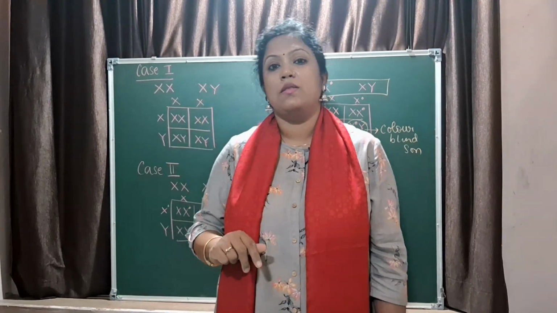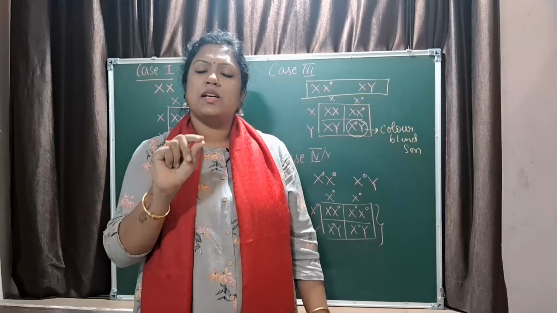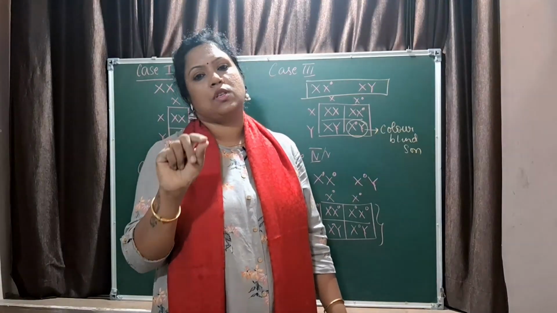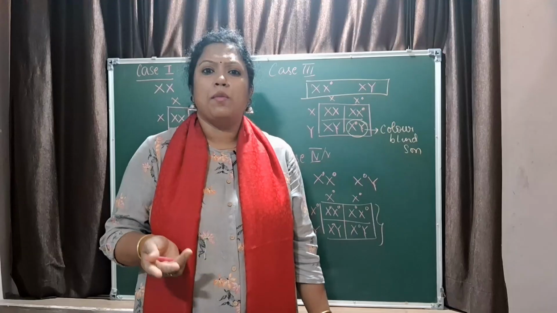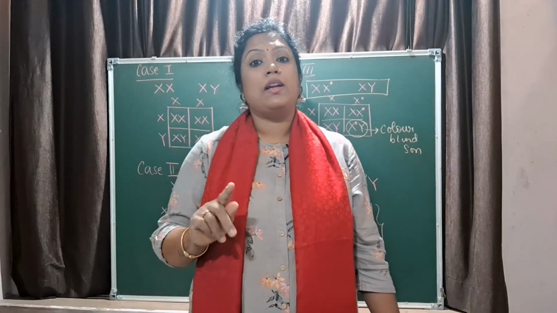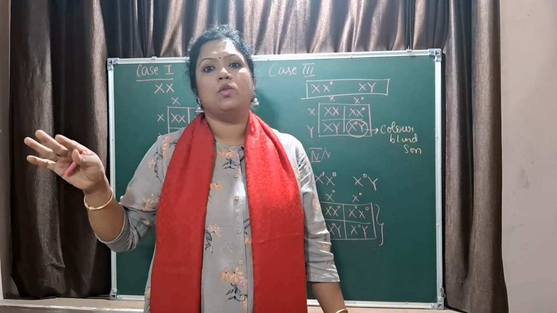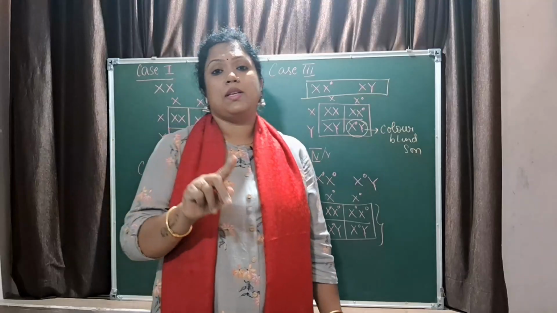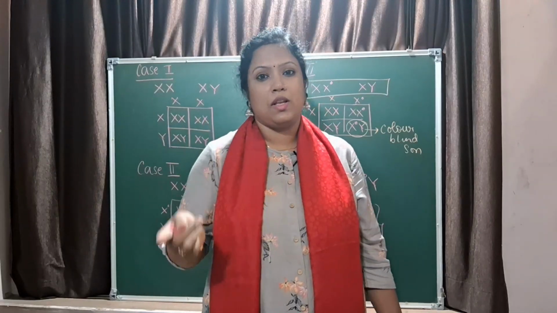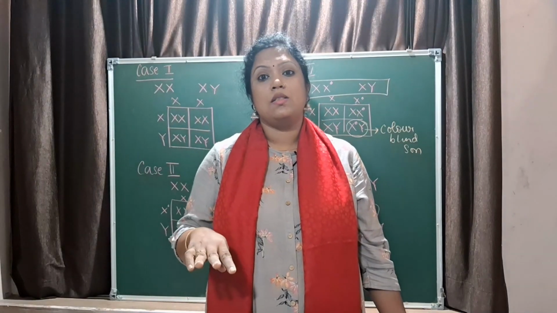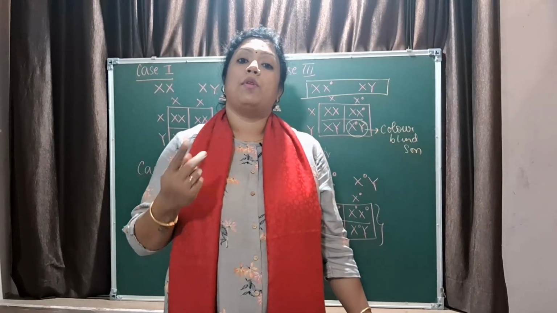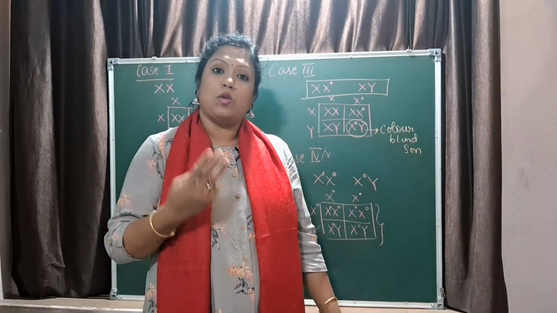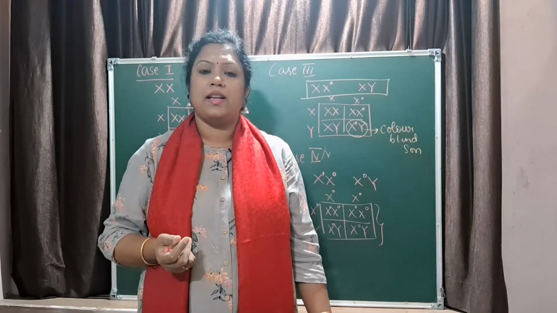Now the next topic is mutation. Mutation is a sudden change in the number of chromosomes, structure or shape that leads to some kind of abnormality, but it does not contribute to the variations in the population. Please understand the difference between mutation and variation. Variation is that we are all different, but a mutation in a gene can be problematic for the outcome of the gene. For example, sickle cell anemia.